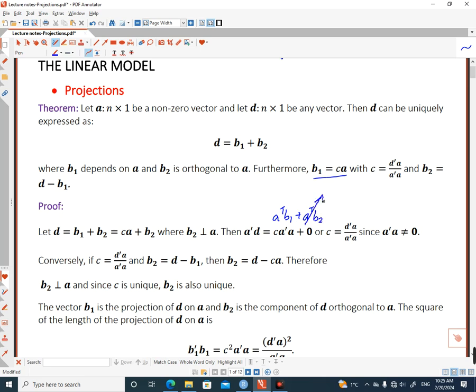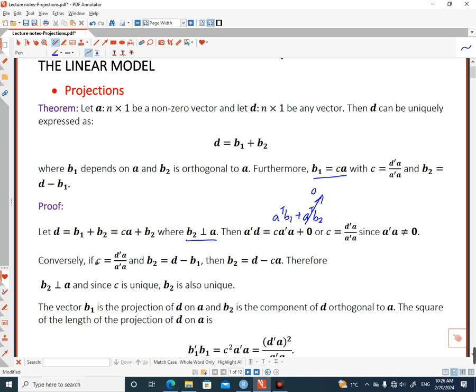We know that this part is equal to 0 because it's orthogonal. And also A prime B1 is equal to C A prime A. And we can easily get C as A prime D divided by A prime A, because A prime A is not equal to 0. So you can divide by A prime A. So the first part is proved.